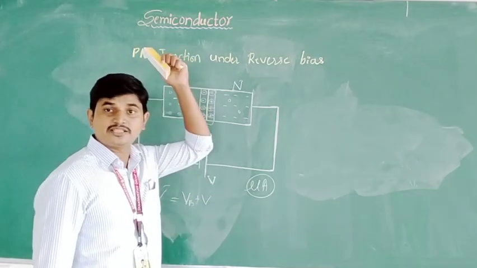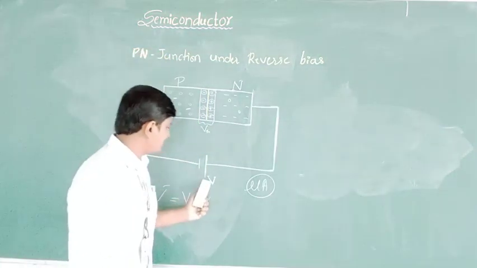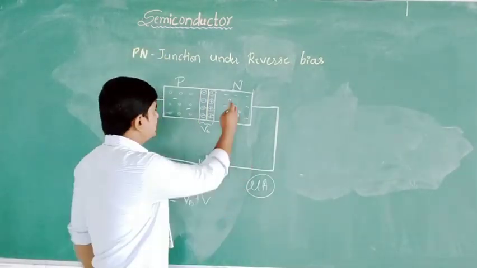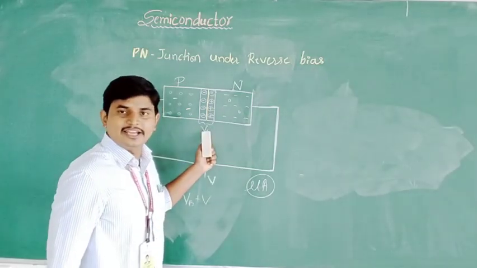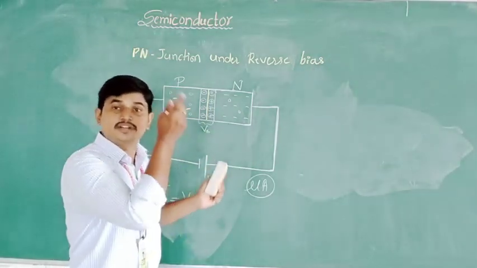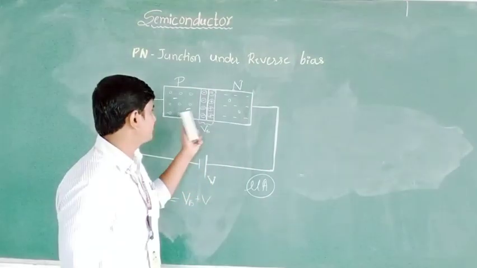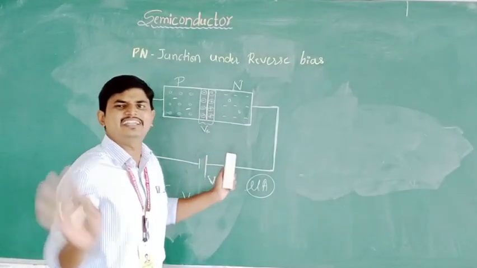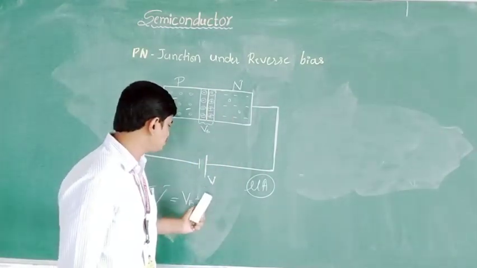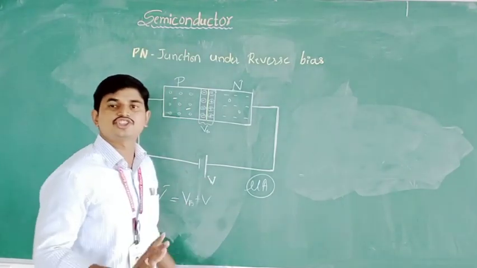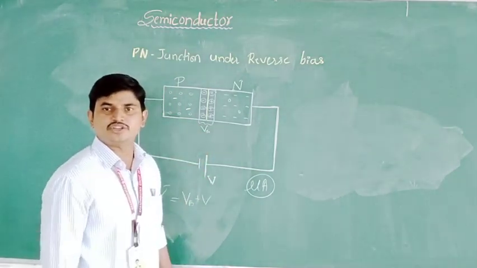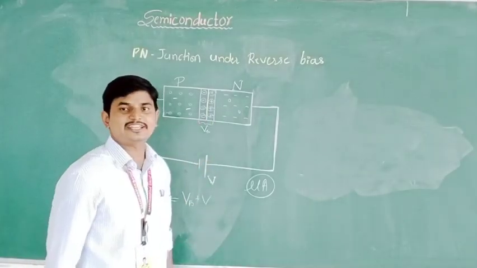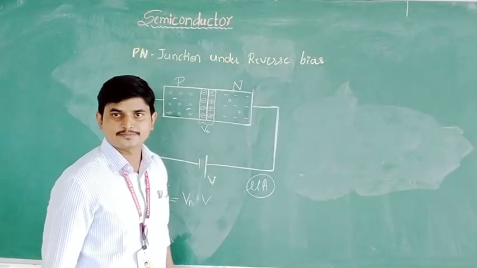In forward bias, due to application of external voltage, the charges move through the junction and current increases. But in case of reverse bias, this flow of charge through the junction is independent of external voltage, and depends on thermal energy. Due to an increase in temperature, there is an increase in reverse current.